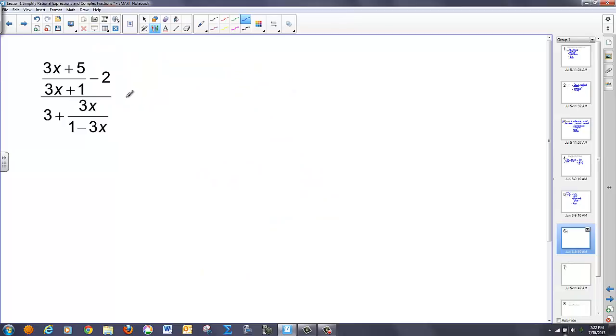Next problem, very similar to the last, in that I have variables introduced into problems. However, now I have binomial expressions in the denominators, and notice these are completely different. So just like when we had numbers in the past like 3 and 7 in our denominator, and our denominator would be 21, we just multiply the two together.